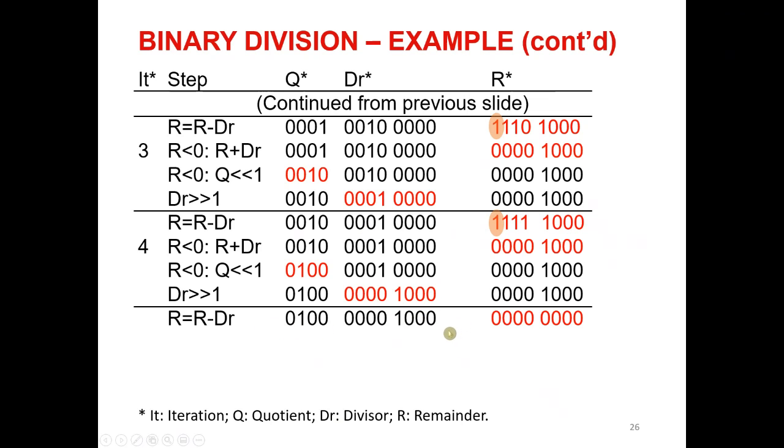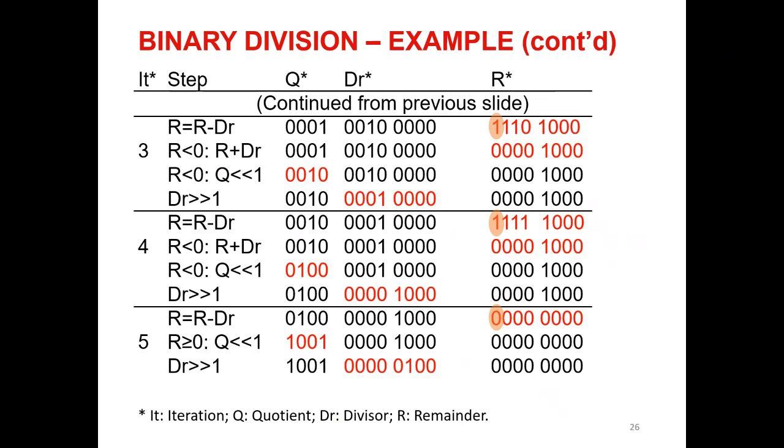In this case, we see that it's positive, so we shift left the quotient using a 1, and we shift right the divisor. And remember, the dividend has 4 bits, so we are doing 4 plus 1 steps. So in this case it's 5 steps and we finish, and this is the algorithm.